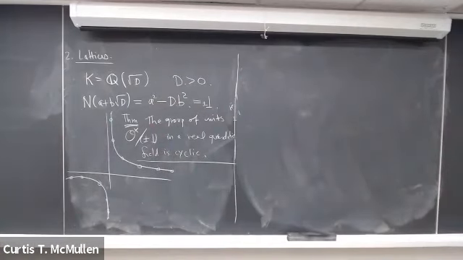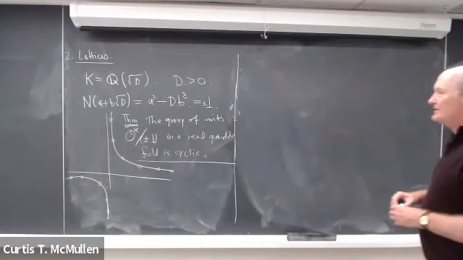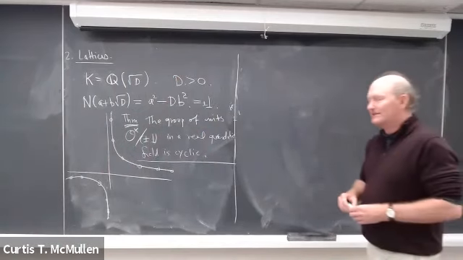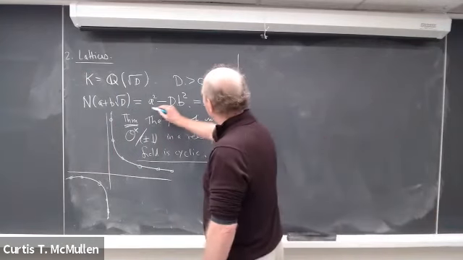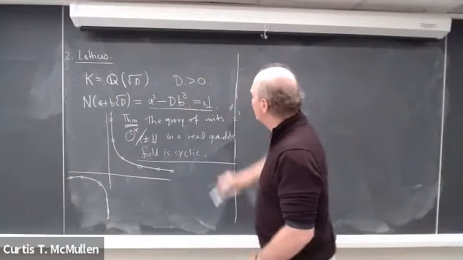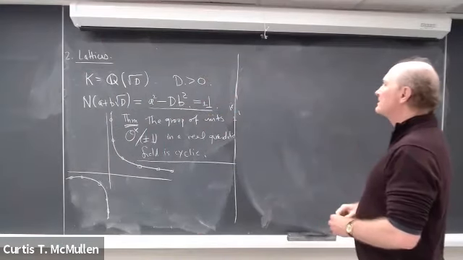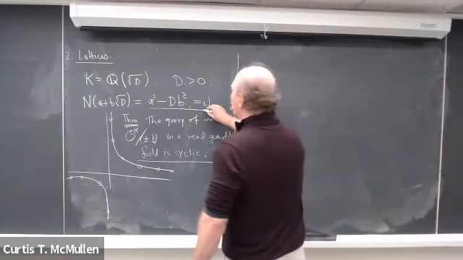Okay, so let me try to explain how you can prove this theorem just using the theory of lattices. And in fact, what we'll prove is that there's lots of solutions to this equation. So the proof goes like this.